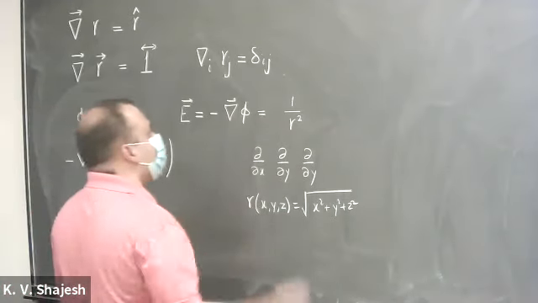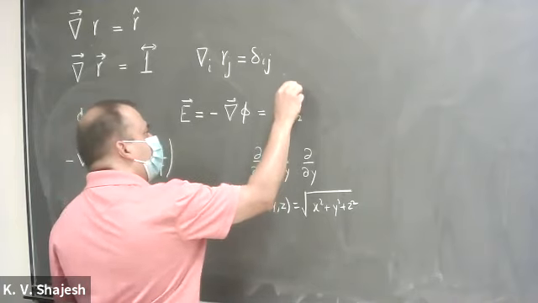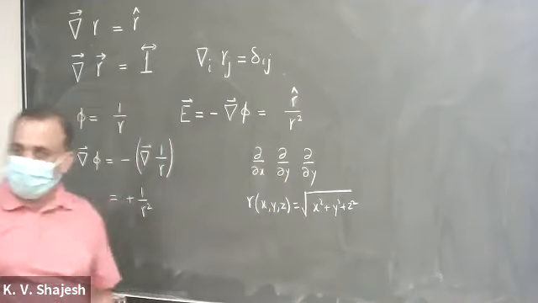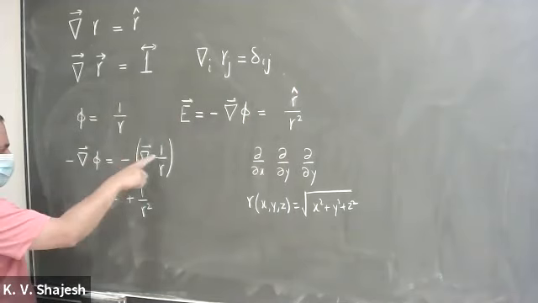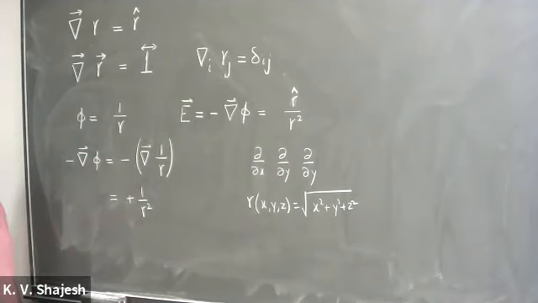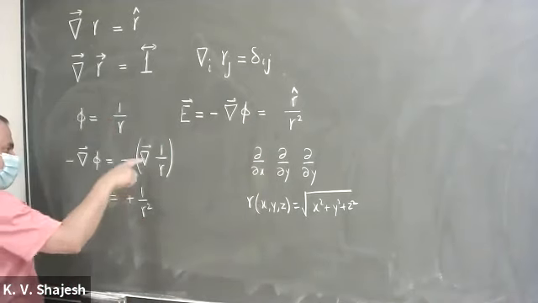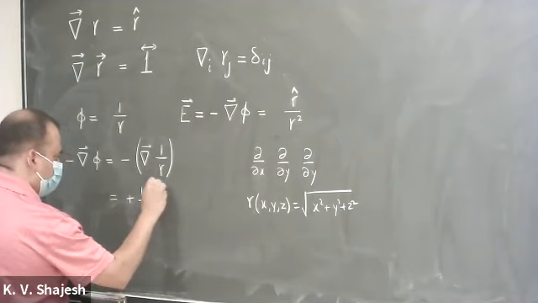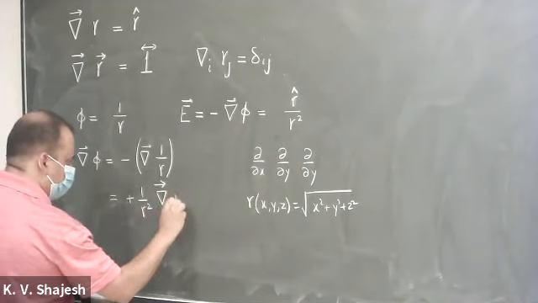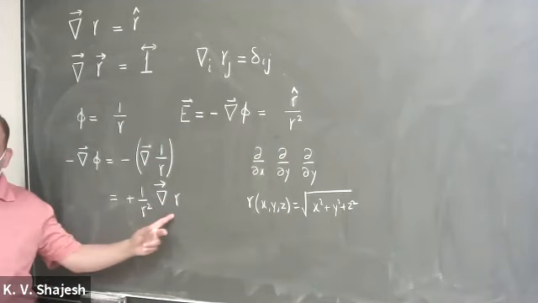It's a vector, so this should have an R hat in it. That should be straightforward, but the chain rule always leads to eventually hitting the argument. The argument is R itself here, so this is the gradient of R.